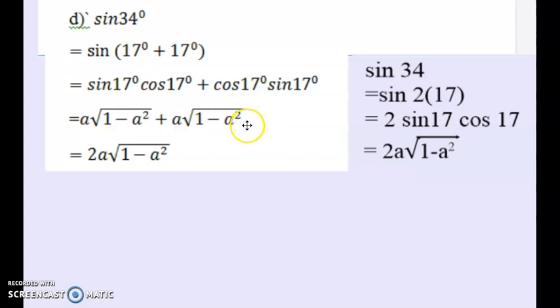The reason I'm not writing at the back, because people could interpret it as part of underneath the square root. So 1a plus another 1a, or one apple plus another apple, is 2 of those apples. And there's my answer. I could have also decided to do sine of 2 times 17. So that is a double angle also. So I could write it as 2 sine 17 cos 17, which will give me exactly the same answer.